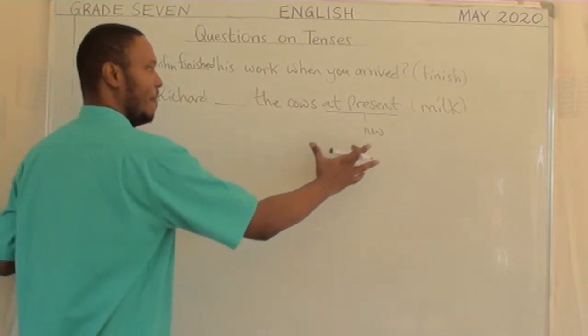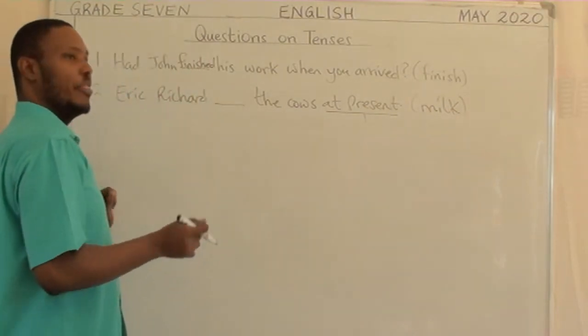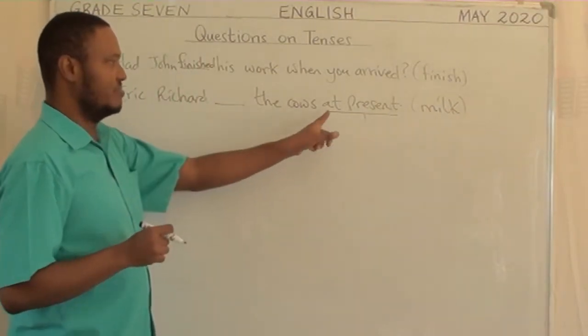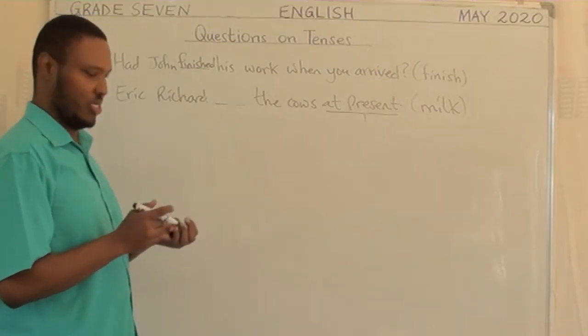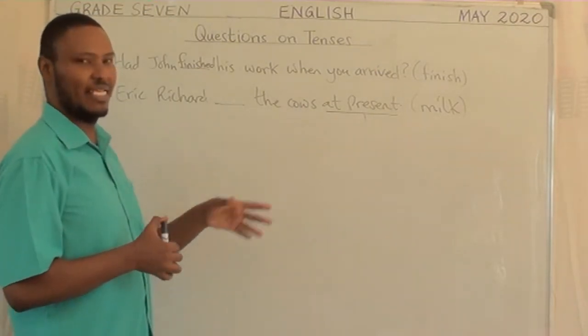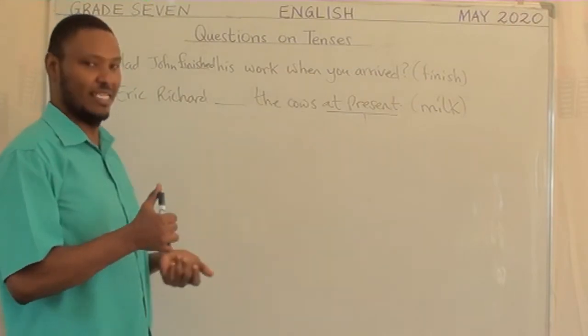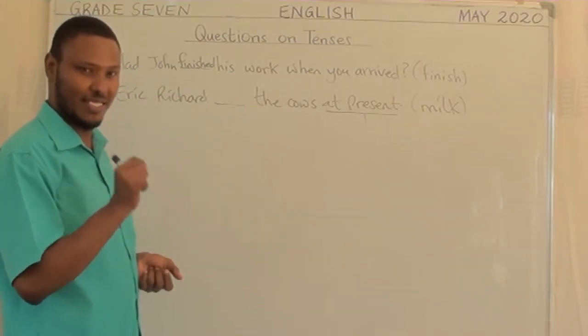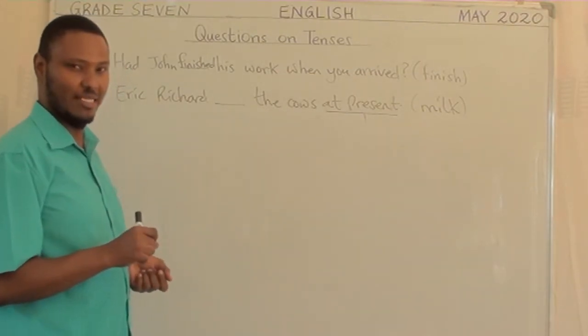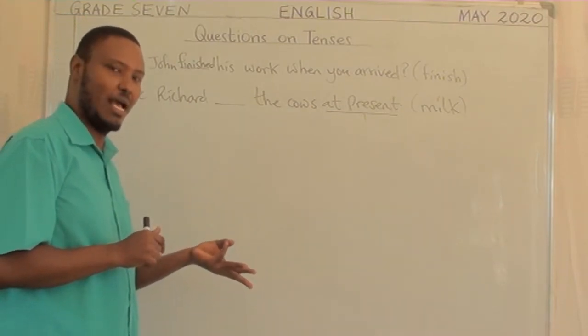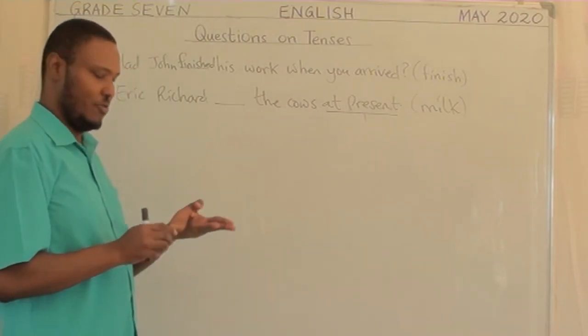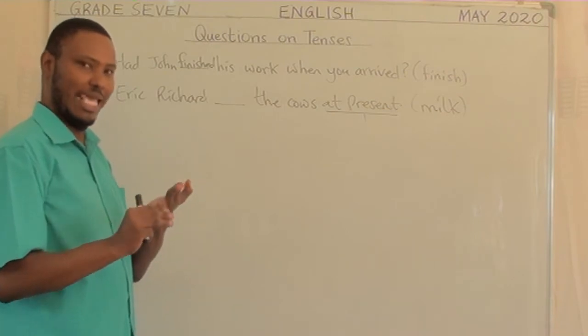So the tense that is used to show at present is the present continuous tense. And which helping verbs are used with the present continuous tense? We have am, is, and are.